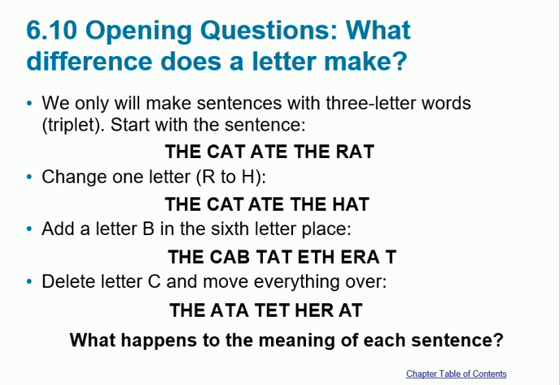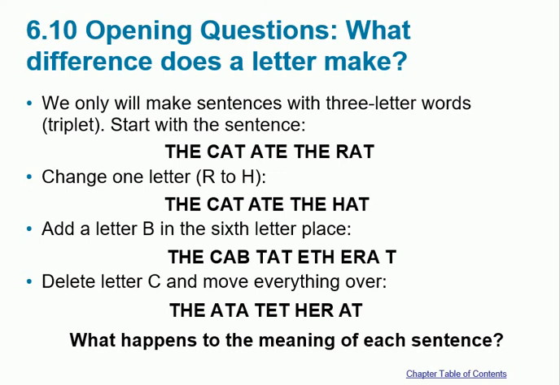How about this? The cat ate. If you add a letter, if you add the B, the cat ate the hat. Now it's this. If you insert the B right here, now the whole triplet is going to change.